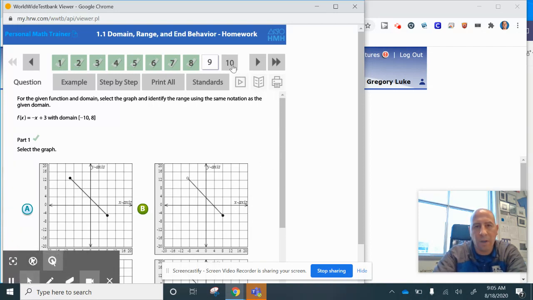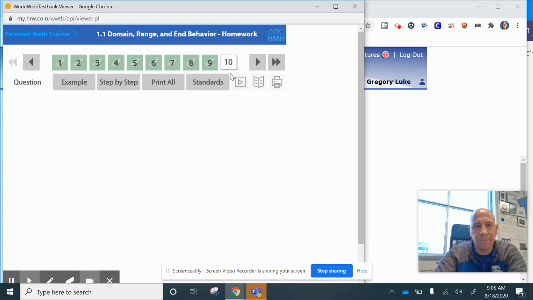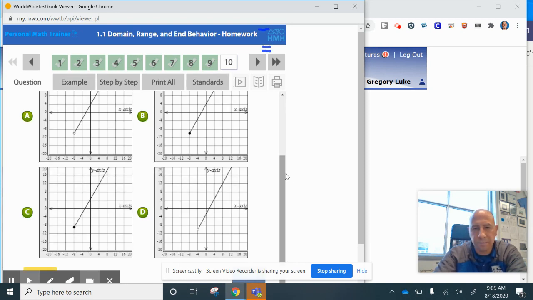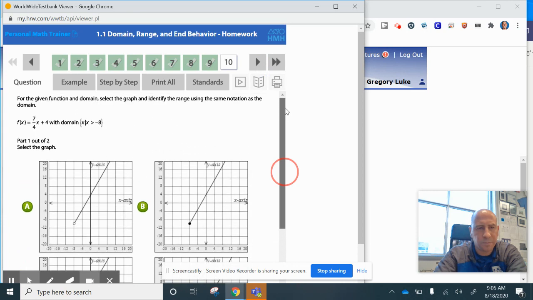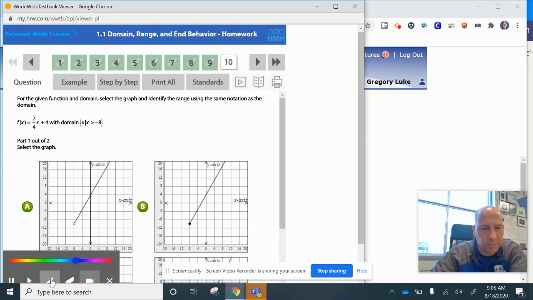All right, so now let's take a look at number 10. Some of the same concept. Now there's no line, so that means it's not going to include the value when you plug in -8. Let's grab the stylus.